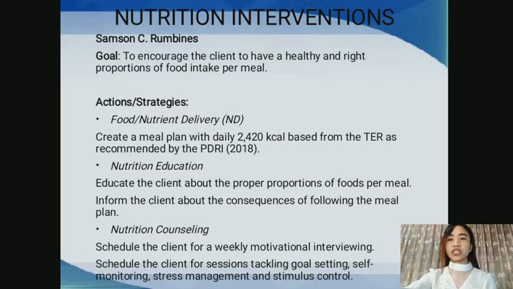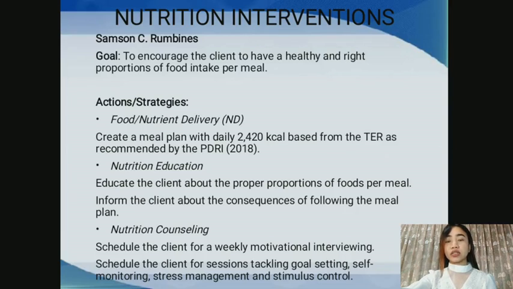For nutrition interventions, the goal for Mr. Sampson is to encourage the client to have a healthy and right proportions of food intake per meal. For actions or strategies to achieve that goal, first is to create a meal plan with daily 2,420 calories based from the TER as recommended by the PDRI 2018.